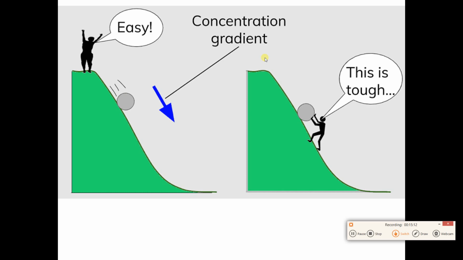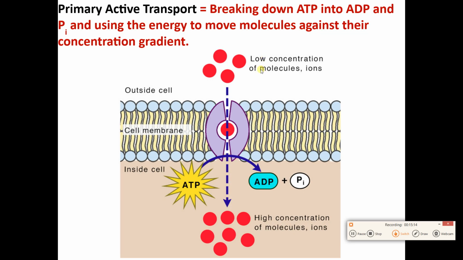That's against the gradient. And there is a type of active transport called primary active transport. That is where our cell is going to take a molecule of ATP, smash it into ADP. So ATP, remember, is adenosine triphosphate. We smash it into adenosine diphosphate and a phosphate. And the energy released is used by a transport protein here.